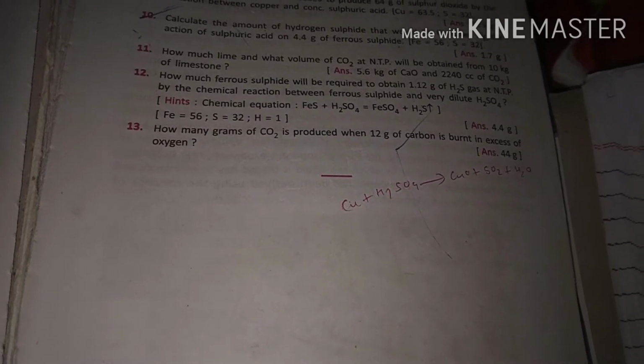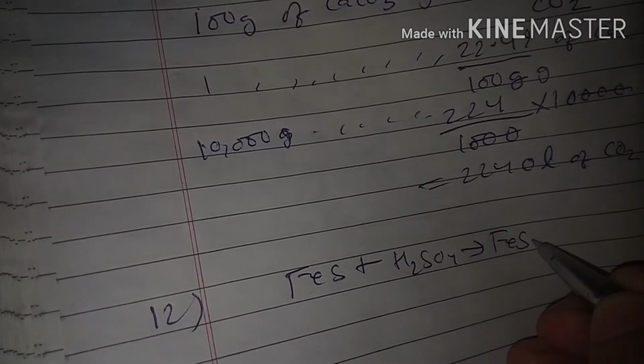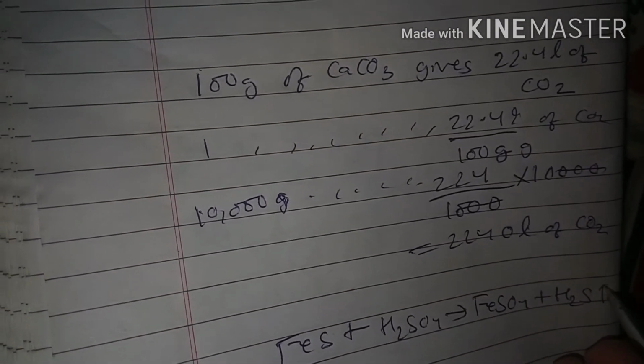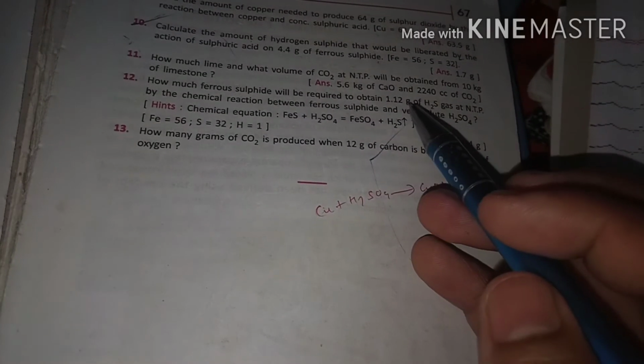The equation is already given here: FeS plus H2SO4 gives FeSO4 plus H2S. Now you have to find ferrous sulfide, and what is given here?